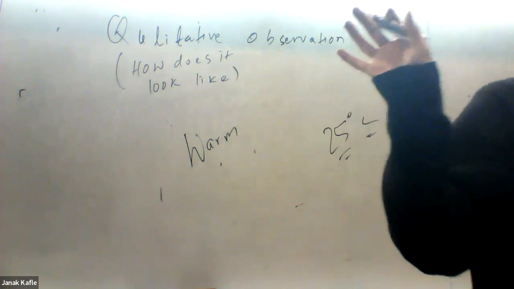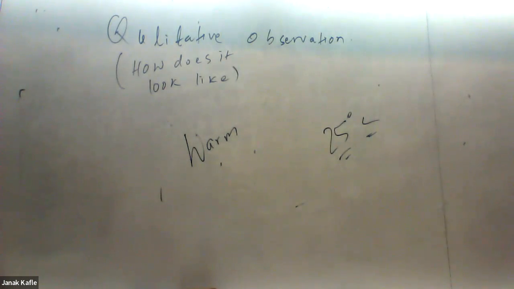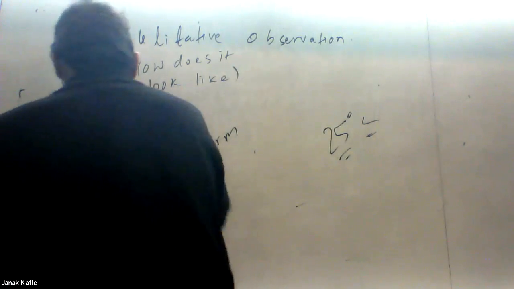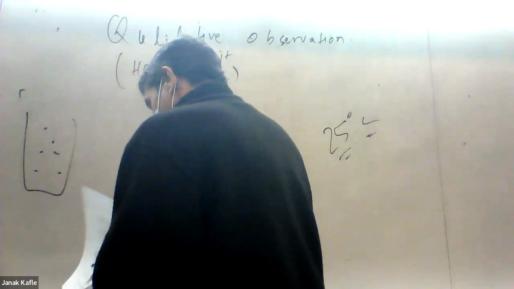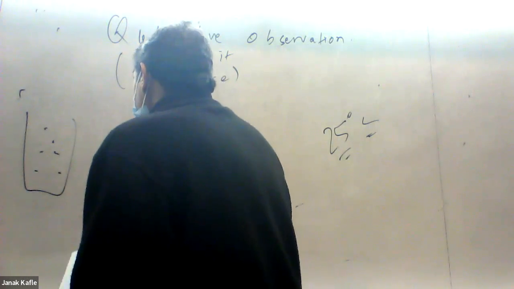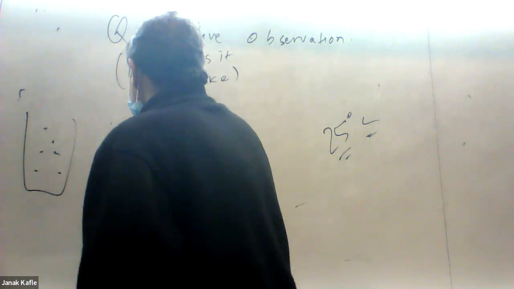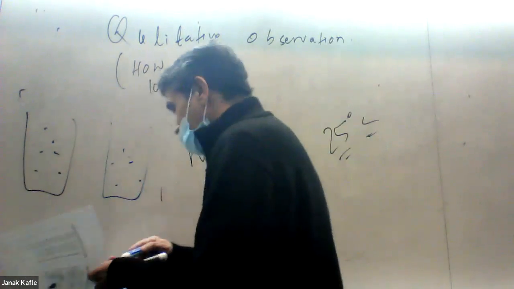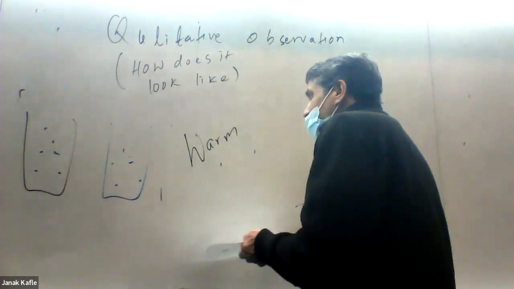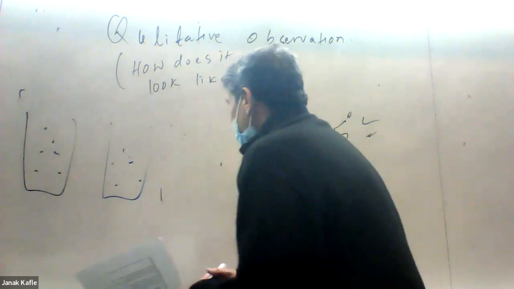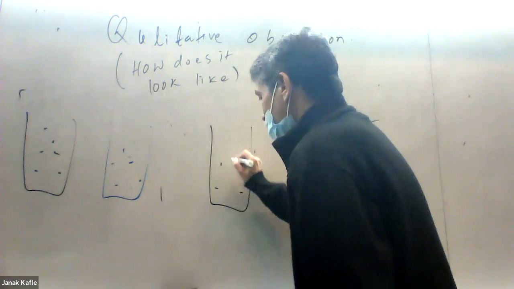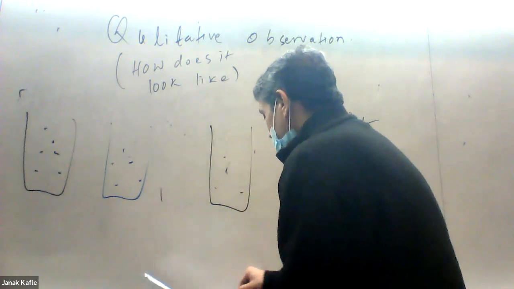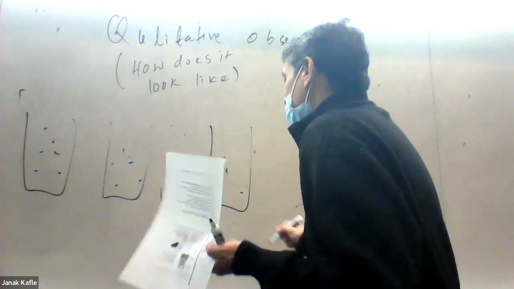Everybody got that? Right. Or let's say here is a yellow solution. Maybe here is a black solution of something, and let's say here is a blue solution of something. Now you mix these two together, and maybe when you mix them together, you get, let's say, some purple solution or purple precipitate.